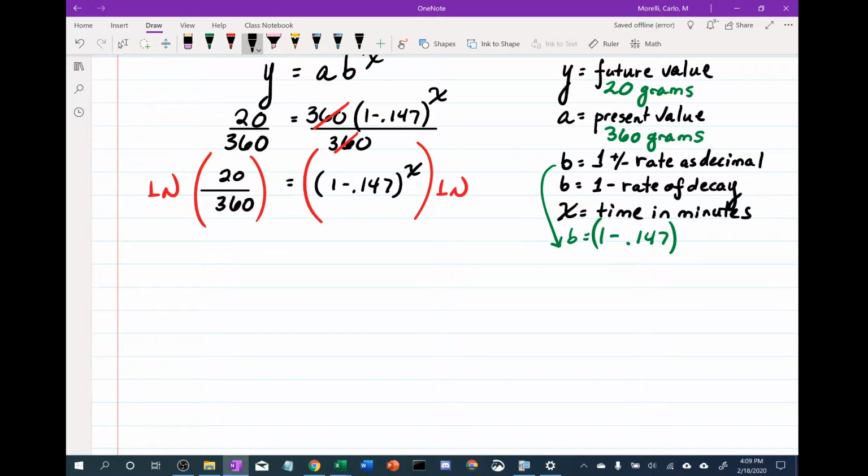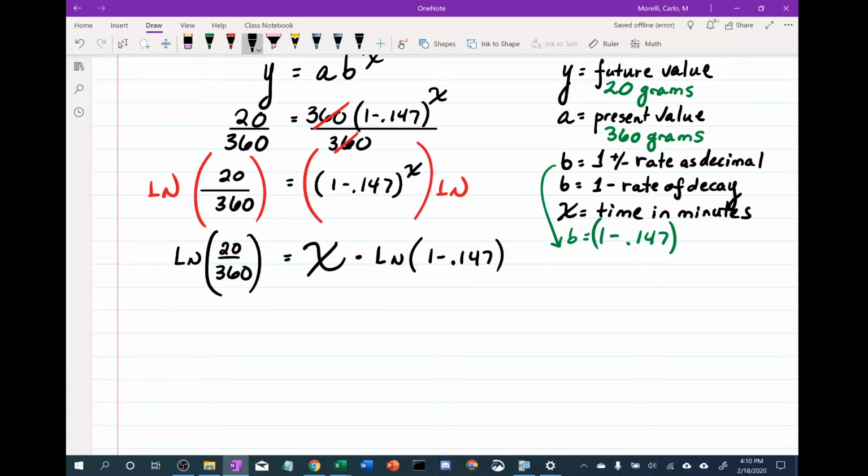Now the net effect of doing that is, on the left side I have ln 20 over 360. But on the right side, I now have x down in front times the ln of 1 minus 0.147. Now notice I'm not doing the subtraction because we're just keeping all values exact. We're going to let the calculator do all the work for us.